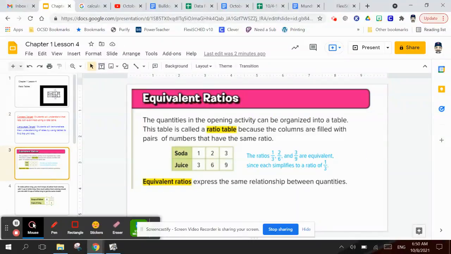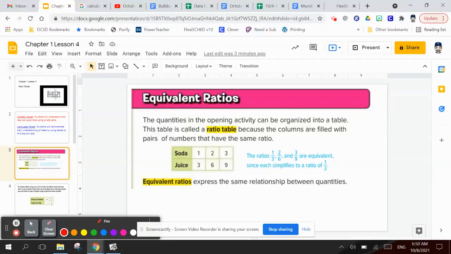So when we look at equivalent ratios, it says the quantities in the opening activity can be organized into a table. This table is called a ratio table because the columns are filled with pairs of numbers that have the same ratio.